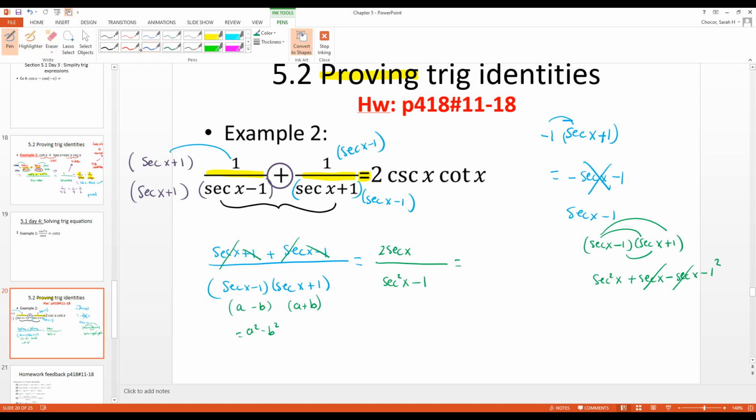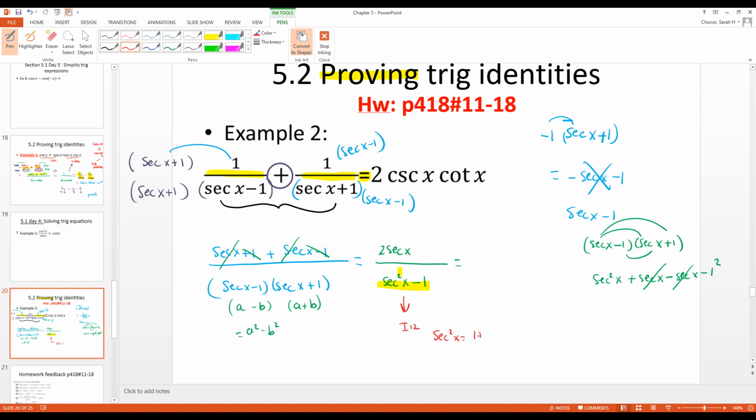I look at my identity sheet now and I see if I can use any of it. And I look right here, it has a square in it. So I look at the Pythagorean identities. Identity 12 would be the closest to this one.